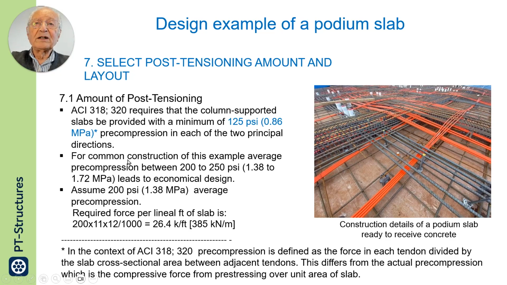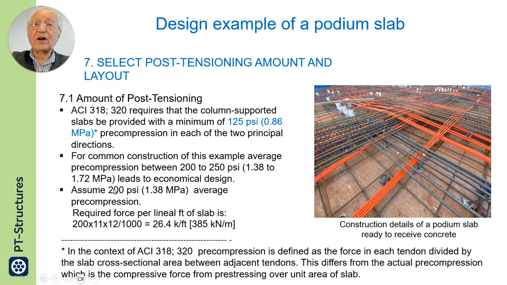So for common construction, in this example, we assume 200. 125 is the minimum. Generally, between 200 and 250 are assumed. So I assume 200.